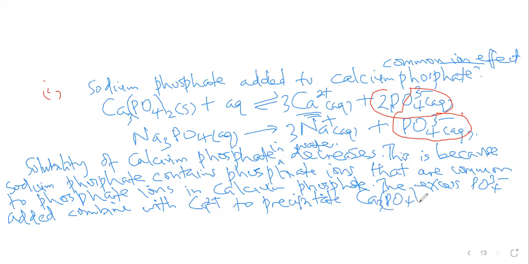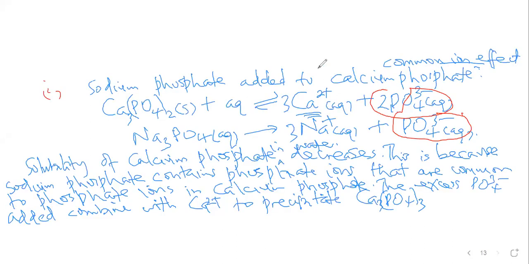I'm using formula, but in exams, please use words, not formulae. Precipitate calcium phosphate. Why does that occur? In order to restore equilibrium.